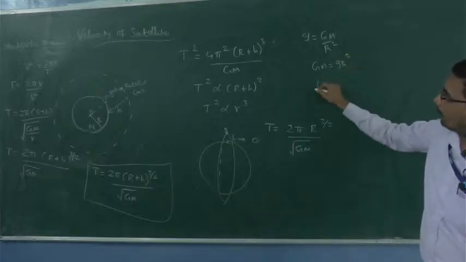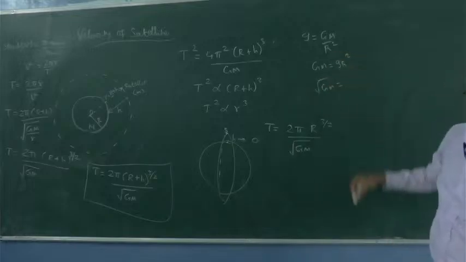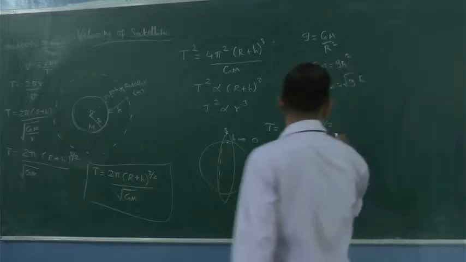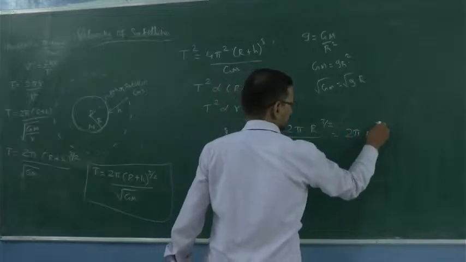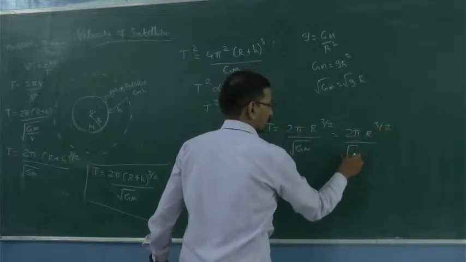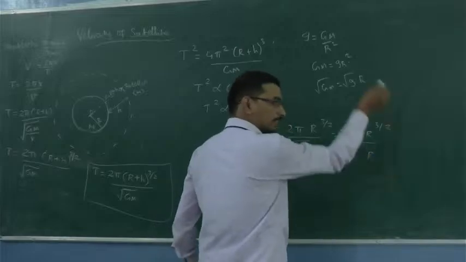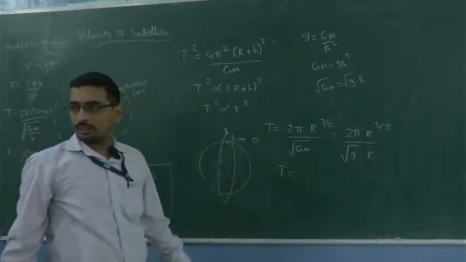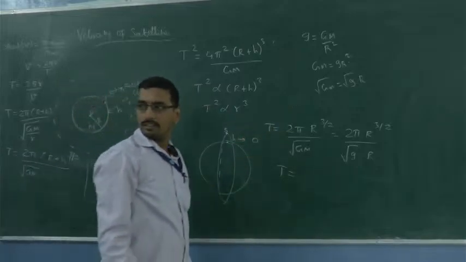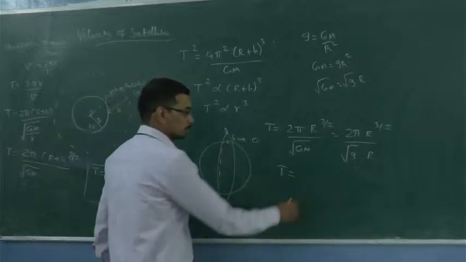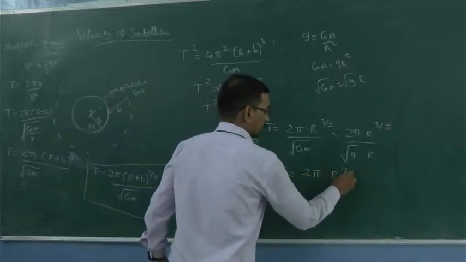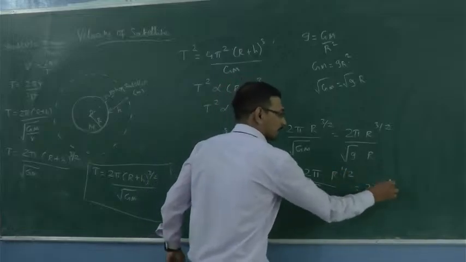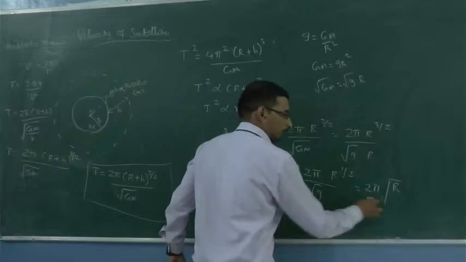Then root GM can be replaced by root g into R. Then R goes in the numerator, R power minus 1, 3 by 2 minus 1 is 1 by 2, R power 1 by 2 by root g. R power 1 by 2 can be rewritten as root R by root g.